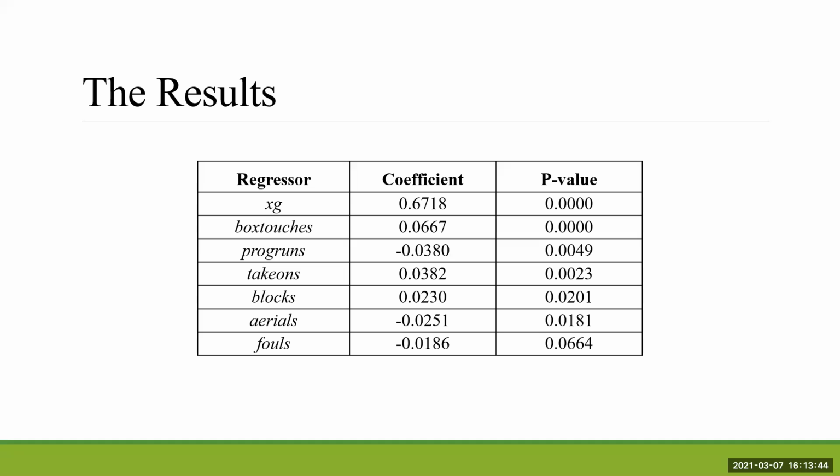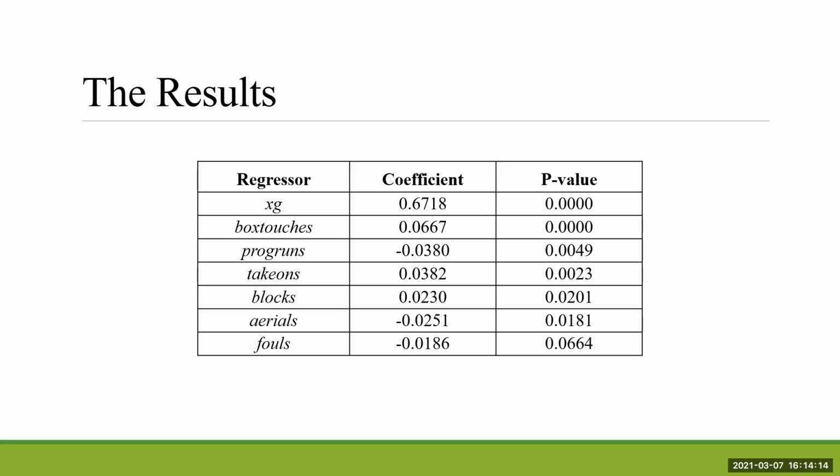A few things: scoring chances, box touches, take-ons, and blocks were all positive coefficients, so all directly related to the goals scored, and all the others were negatively related. I also noticed that scoring chances has one of the greatest impacts on the number of goals scored, which makes sense. You get more scoring chances, you probably score more goals.